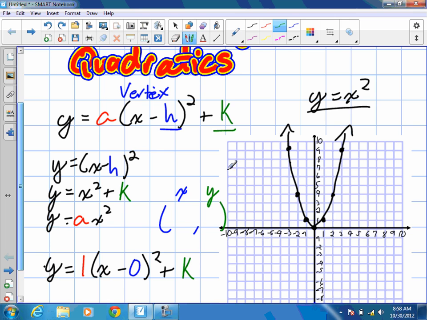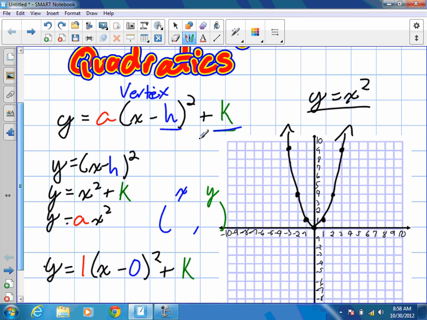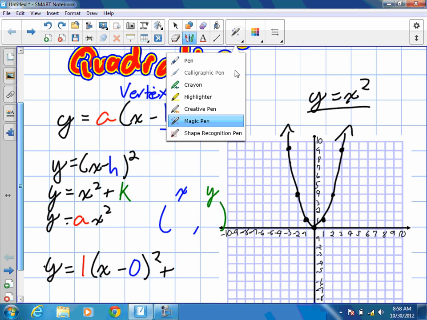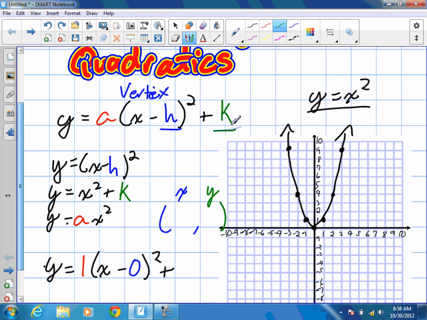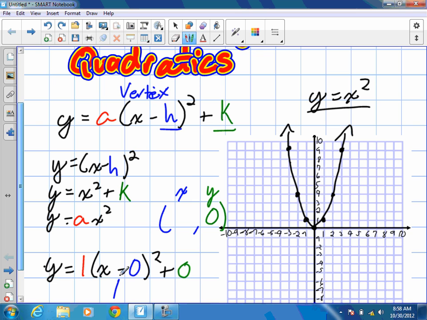So, let's take a look at this. Our k value in this one, I wrote in k, I meant to write in the number 0 here. Our k value here is 0. So our y for the vertex is 0. Our x value is -0. So technically, remember I told you that we want to look at the h value, the operation in front, as the opposite.